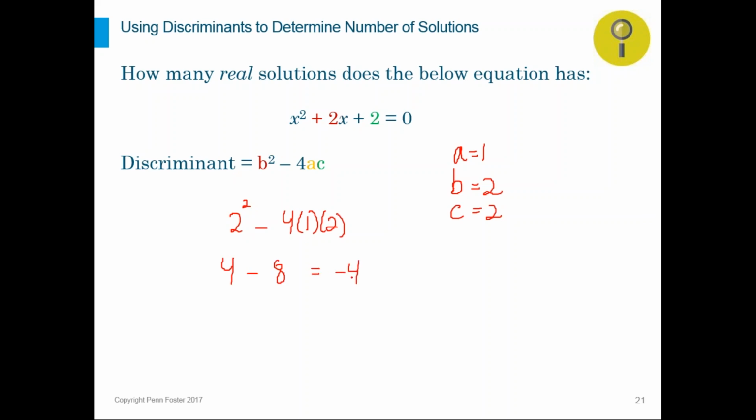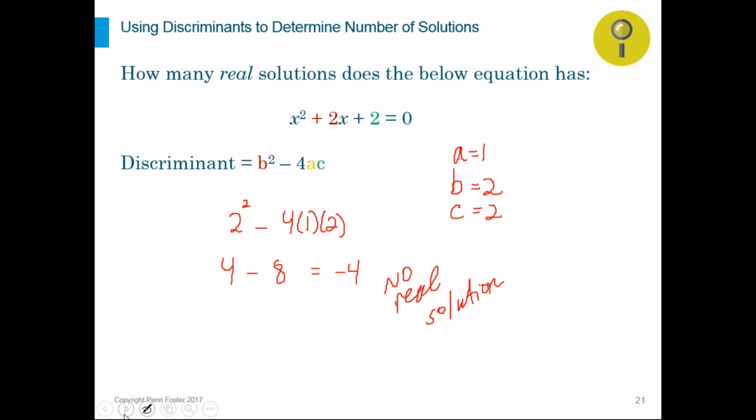The discriminant is negative. This equation does not have any real solutions. It has some solutions, but they are not part of the real numbers that we know of, like fractions, decimals, and whole numbers. They are another kind of solutions.